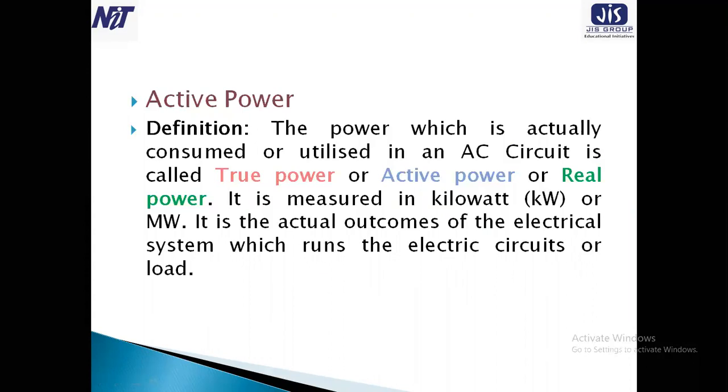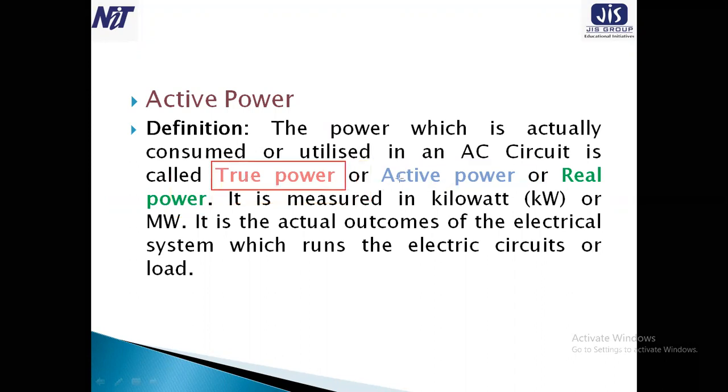Now, come to the next point, the basic point, that is the active power. We already talked about active power with the BR analogy, but here we'll try to clear the concept more. The active power definition is very easy. The power which is actually consumed or utilized in an AC circuit is called true power or active power or real power.